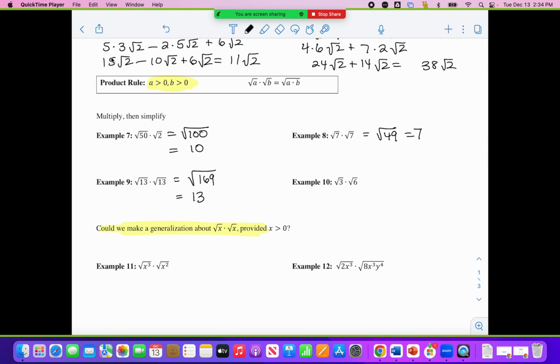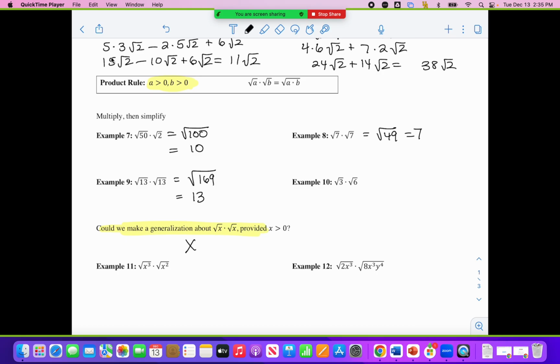What could you say about taking the square root of x times the square root of x? It's always the same thing. What is it? X. So square root 13 times square root 13 is the number 13. Square root 7 times square root 7 is the number 7. If you'll remember this generalization, it's going to make your life easier, okay?